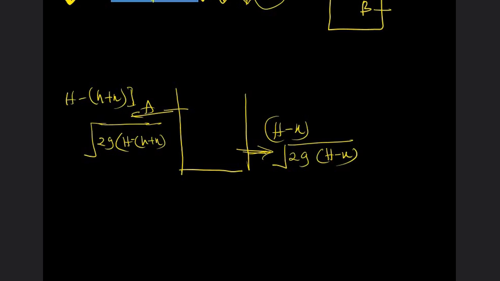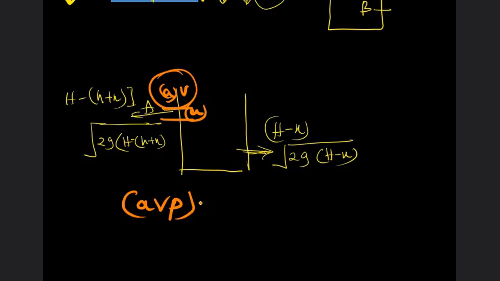Finding mass per unit time: the flow goes like this, cross section area A into V is the volume flow rate, into density is the mass per unit time, and that multiplied by velocity gives the mv value.